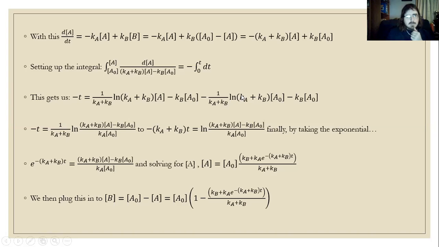I think I have a typo here. I think this whole thing should be in parentheses. Yeah, this whole thing should be in parentheses. So essentially, here, let me just fix this on the fly. Goodness.